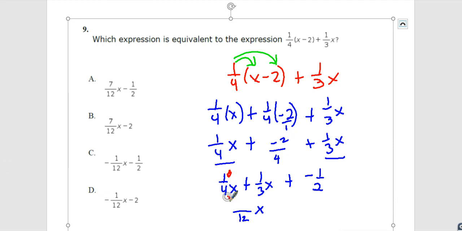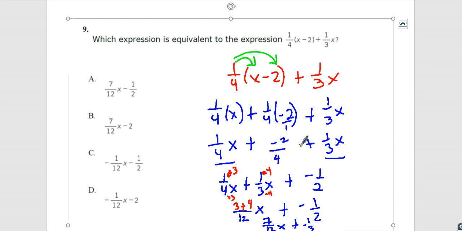So times 3 in the top and bottom. So that will be 1 times 3, which will give me 3, plus times 4 to get 12 here. So 1 times 4 will give me 4. My 1/2 is still coming down. So that's 7/12 x plus -1/2.